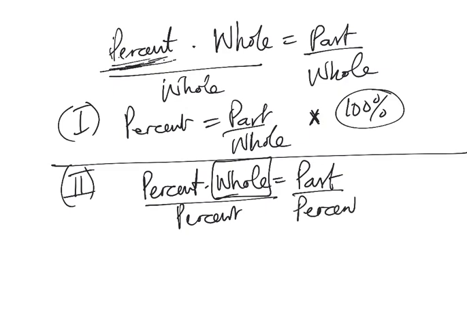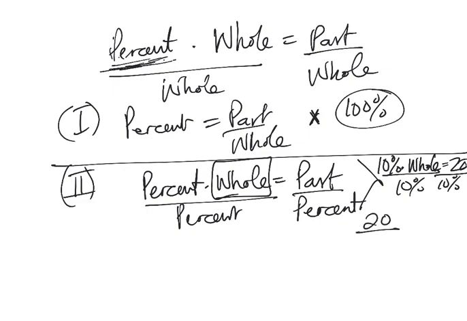So let's try this one quickly. If somebody says 10% of what number is 20? So 10% times the whole is equal to 20. That means I need to divide both sides by 10%, right? Which is 20 divided by, now 10% can be written as 0.10. For simplicity, we'll just use a calculator for now.